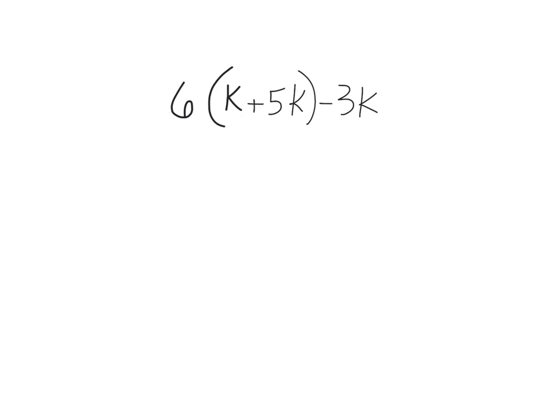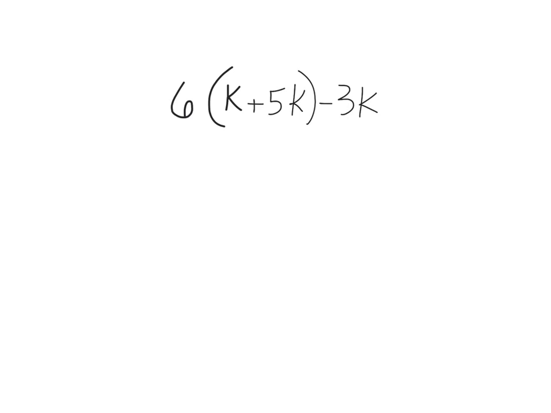Okay, here's another problem. We have a 6, we have a k, we have a negative 5k, or a positive 5k, and then a negative 3k right there. Well, let's distribute this 6 throughout the parentheses, and that will get rid of these parentheses. So 6 times k, 6k. 6 times 5 is a positive 30k minus 3k.